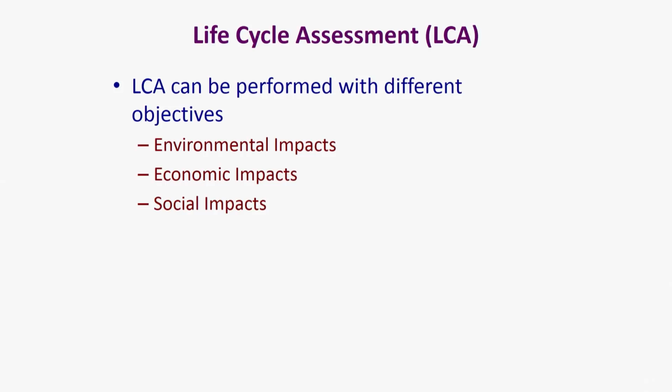So, LCA can also be performed with different objectives. This is a very wide scope for LCA, and as you can see here, we can do an LCA for environmental impact, which is the objective of what I will be talking about, and we have been discussing for the last 6 lectures. But LCA can also be performed for economic impact or social impact.